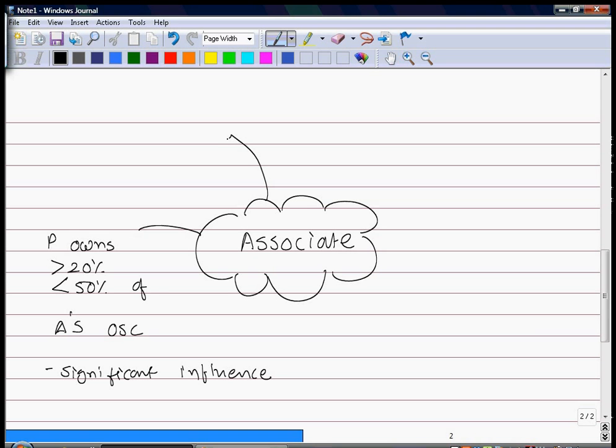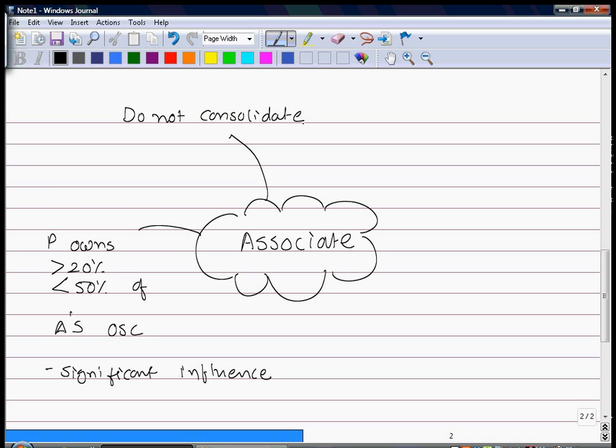So what does this mean in terms of the statement of financial position which you need to prepare? Remember, if you have an associate, this is what you need to do. You do not consolidate. When I say do not consolidate, you are not going to cross-cast.